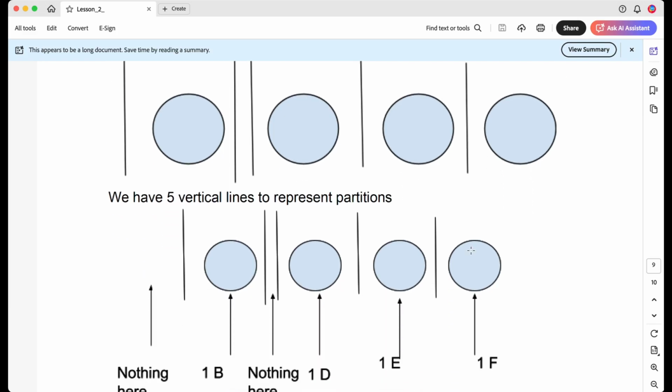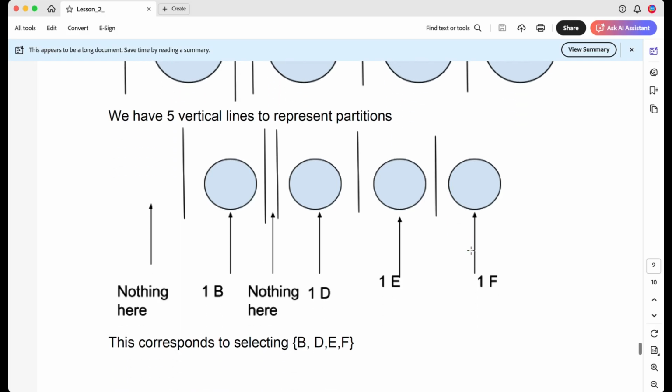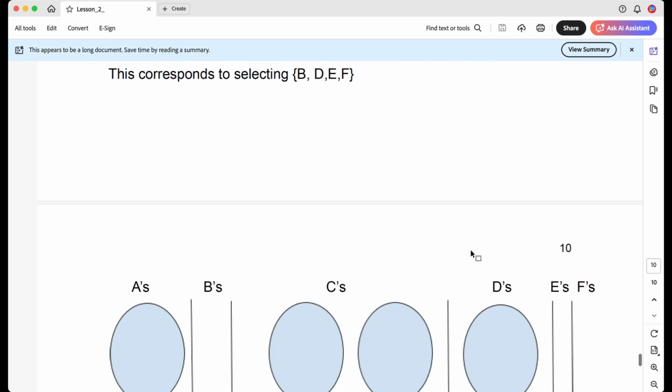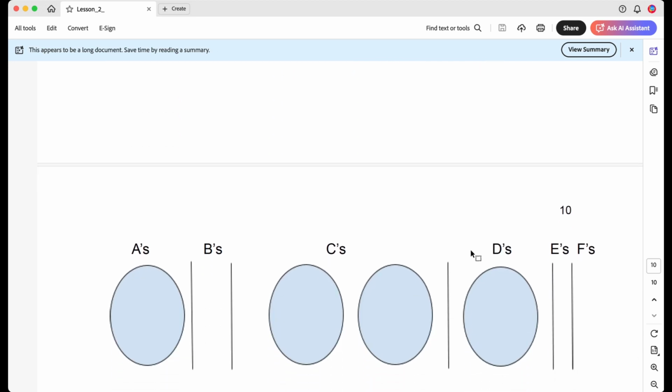Let's take a look at just another possibility before we look at the count here. So if we arrange in this order, putting in our 5 lines and 4 circles, we have one circle at the very left. That's 1 copy of A. Now there's a blank in here, so that's 0 B's.